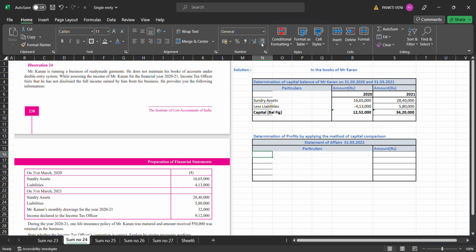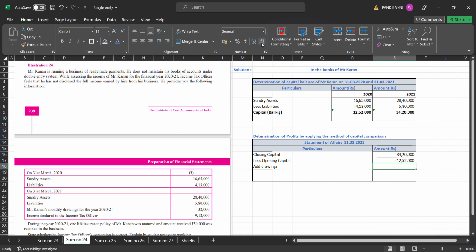So I'll write down closing capital, closing capital less opening capital, add drawings if any. So till here I'll complete. So I have closing capital. I have opening capital.